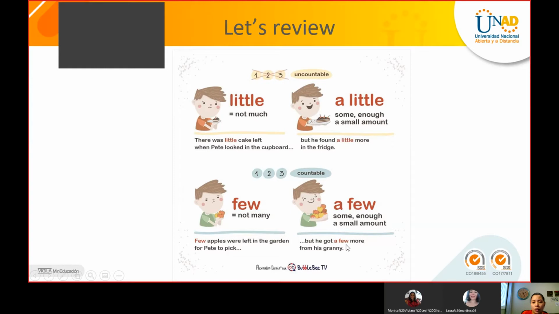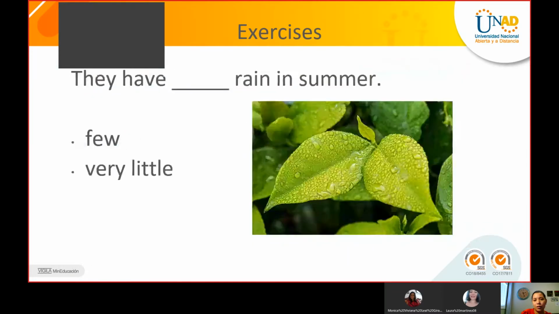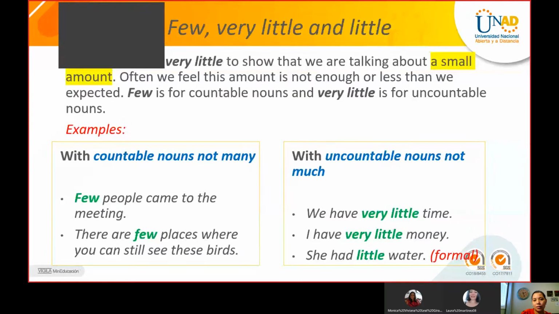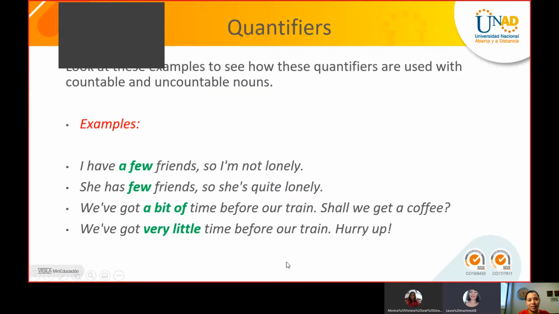Now, but he got a few more from his granny. So he's happy because he has enough apples. Okay, is that clear? Yes, teacher. Yeah?